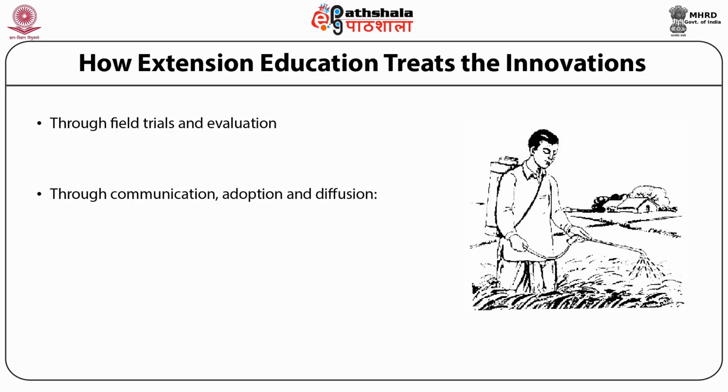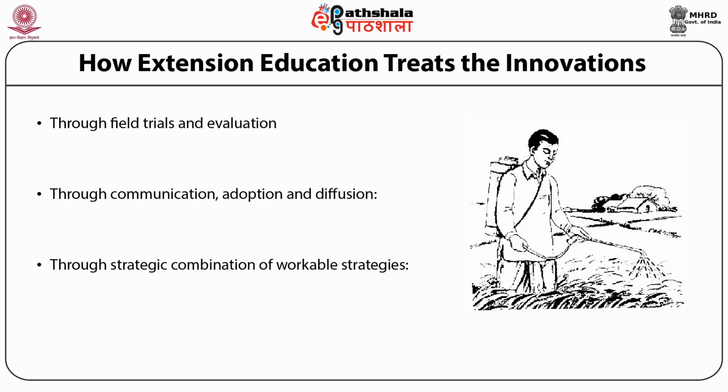The third way in which treatments are given to innovations includes through strategic combination of workable strategies. Evaluating the innovation at the field level is one aspect of treatment of innovation.